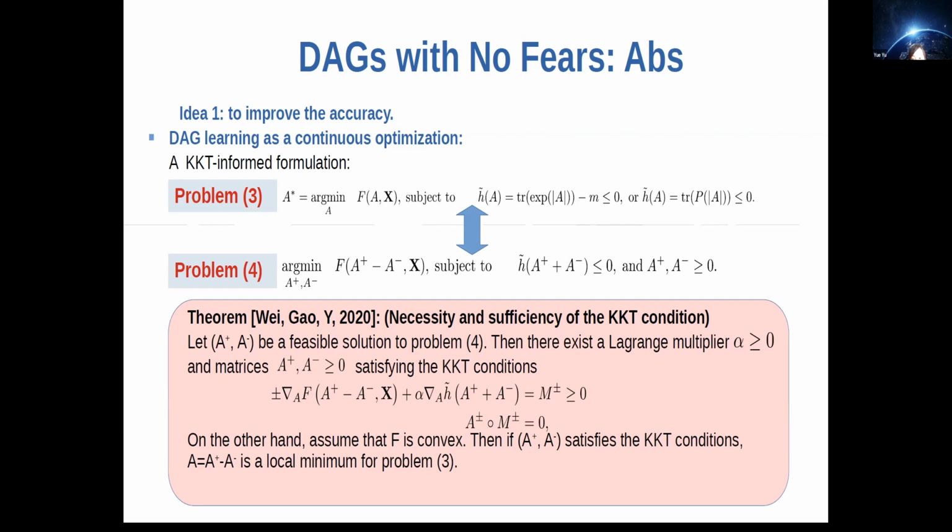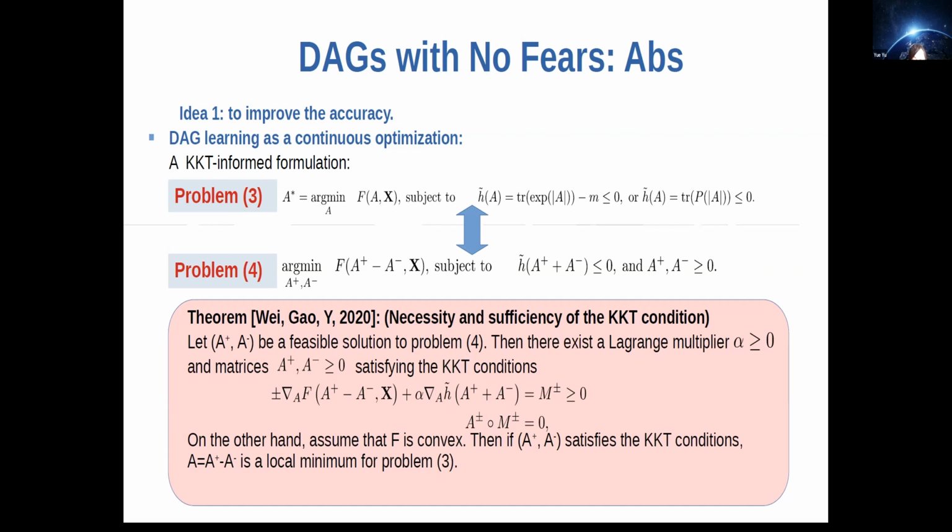But now you might still complain that if you take the absolute value, the smoothness of the optimization problem or the constraint gets damaged, so it doesn't have a continuous derivative.